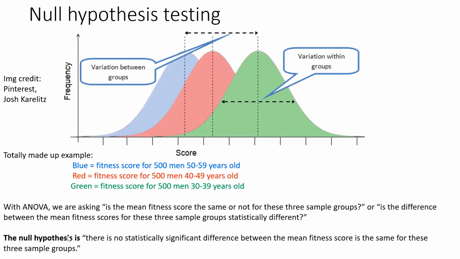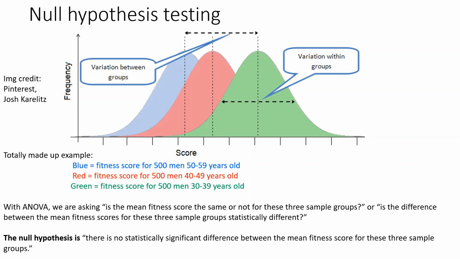So our null hypothesis, for this specific example, is that there is no statistically significant difference between the mean fitness score for these three sample groups.